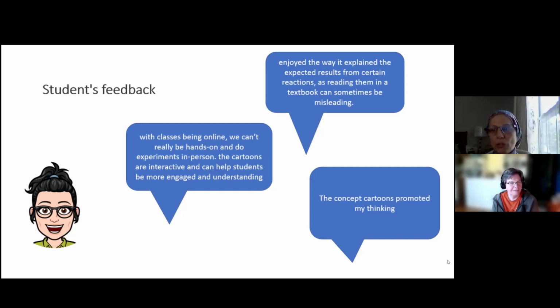They comment that concept cartoons help them understand their lab materials, and these cartoonish materials are clearer and easier to grasp than reading them in a textbook. They describe concept cartoons as a hands-on activity, interactive, and thought provoking. And that's what encouraged me to keep using concept cartoons in my classes. And also I'm going to use it in my face-to-face classes in the future.